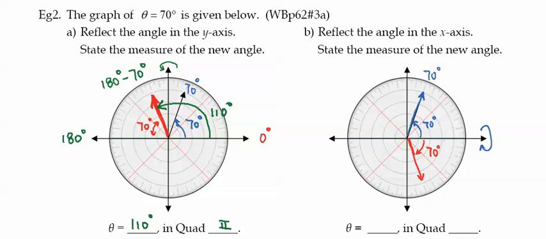But when you want to measure your angle from 0 to this terminal arm, it wouldn't be 70. How big would it be? 180, 360 minus. Yeah, 360 minus 70. This will be 360 degrees minus 70.